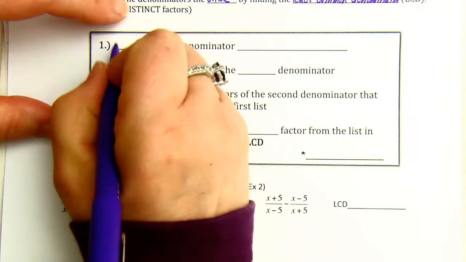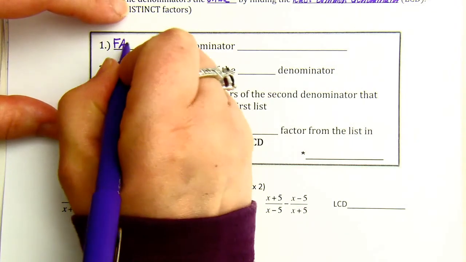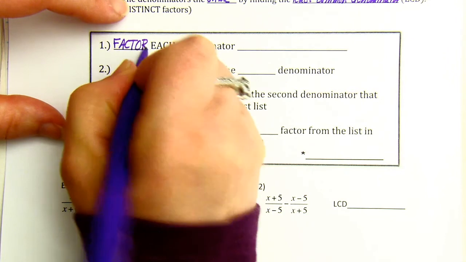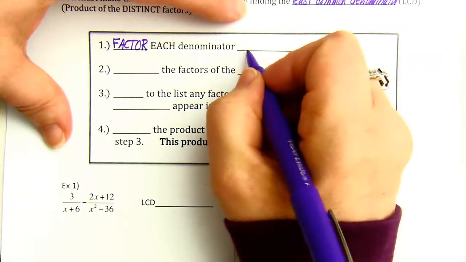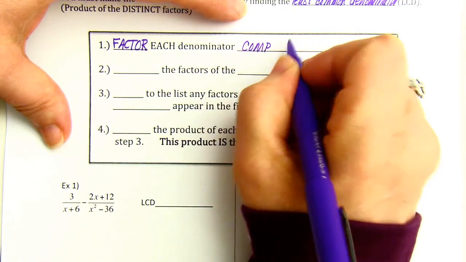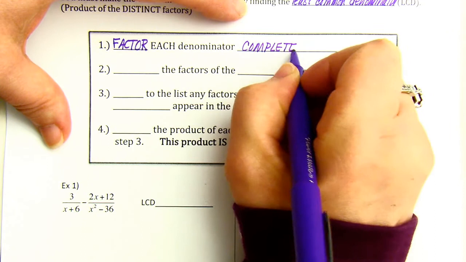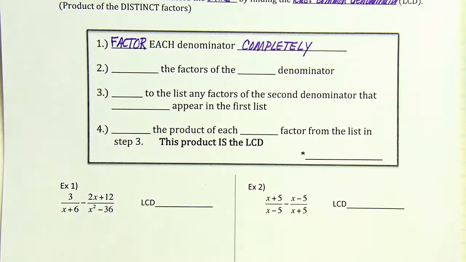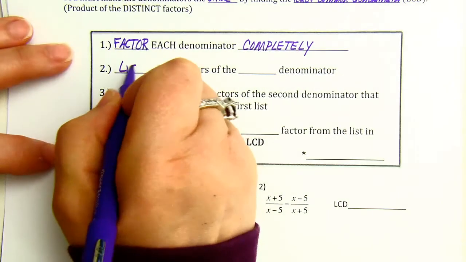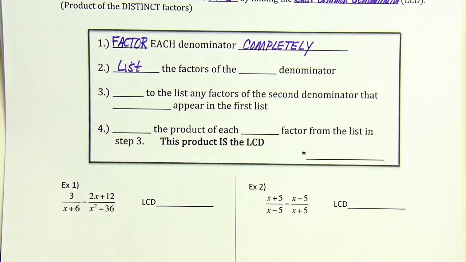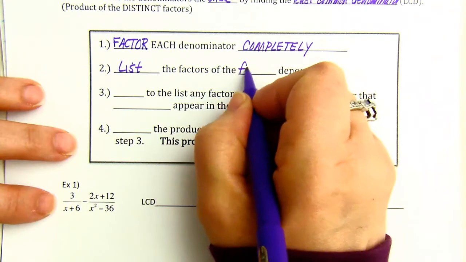All right, so you must factor each denominator completely. And then we're going to list the factors of the first denominator. You need them all.